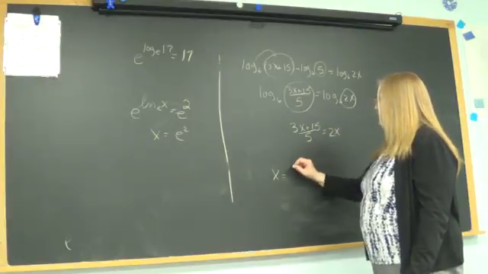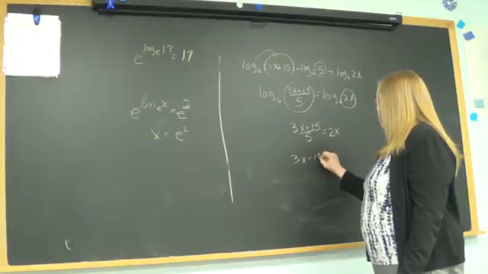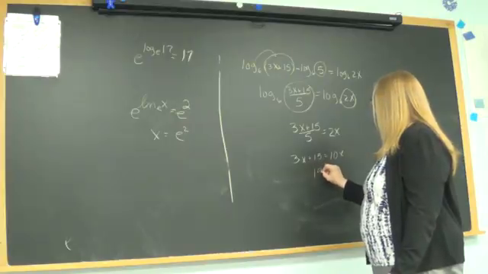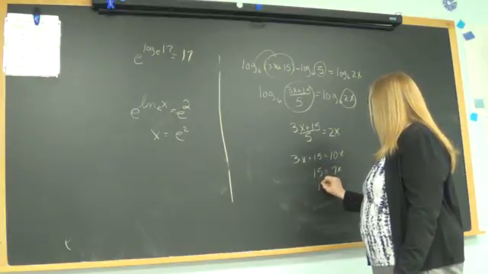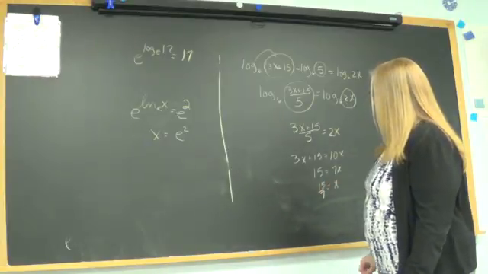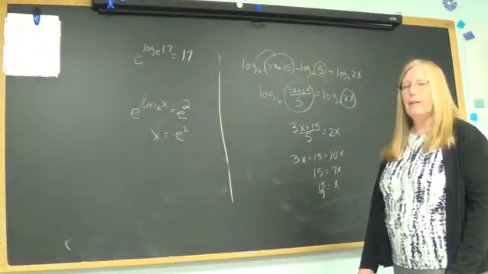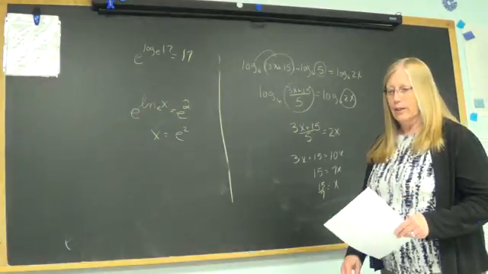Multiplying both sides by 5, I get 10x. Moving 3x over, I get 7x. Dividing by 7, I get 15 sevenths. Alright, we're going to stop there for tonight, and hopefully you get all that down and be ready to use it. So I'll see you tomorrow.